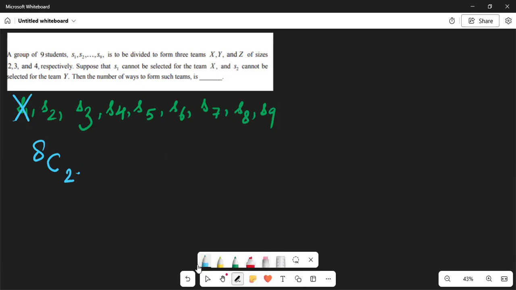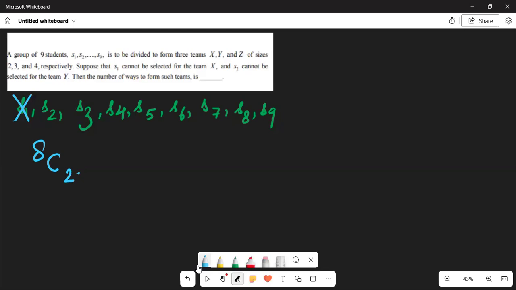Now, while choosing Y, how are we going to decide? We don't know. The way we have chosen 2 out of those 8, we can't say whether S2 is still there or S2 is not there to be selected.